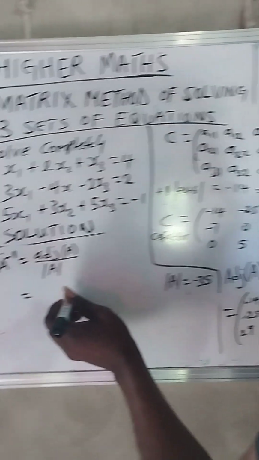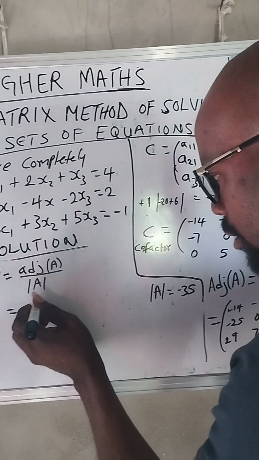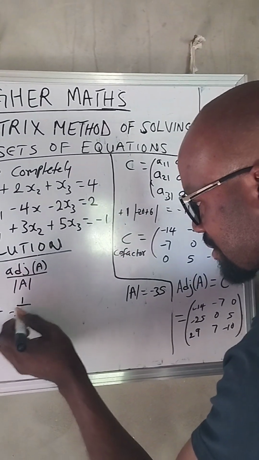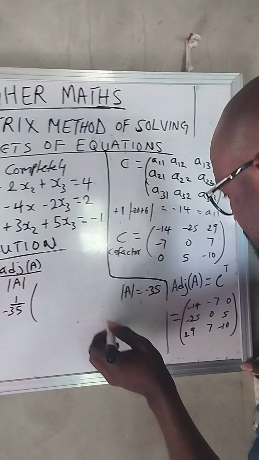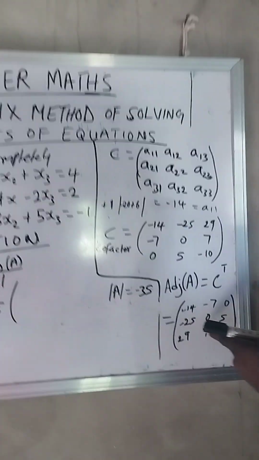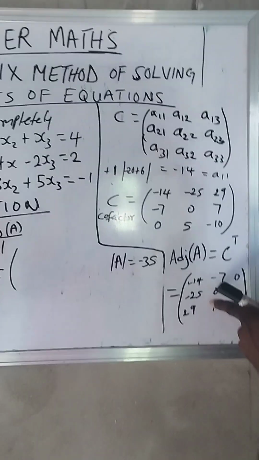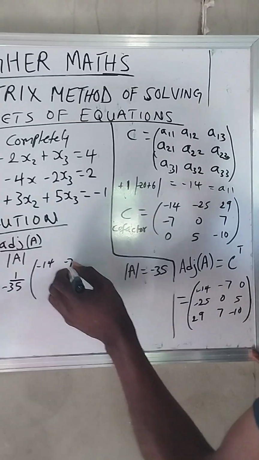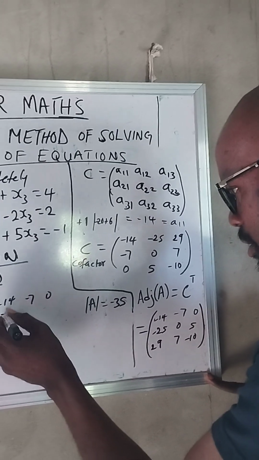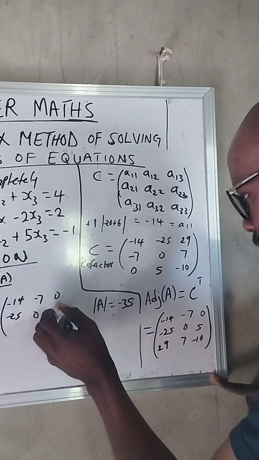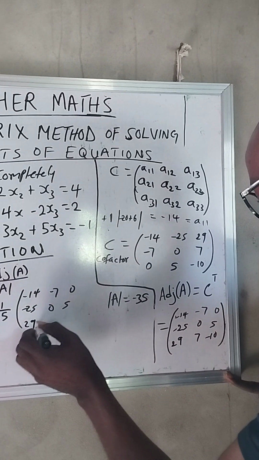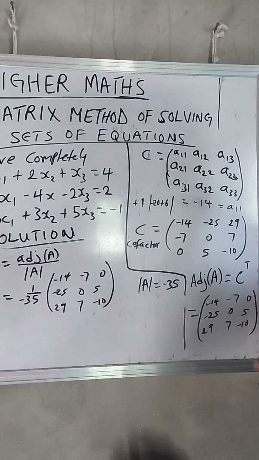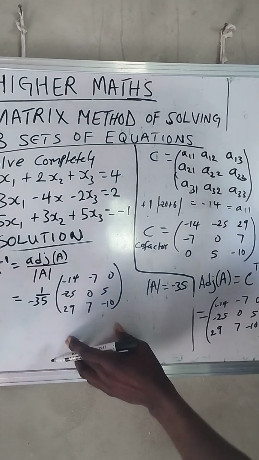We are going to have 1 over minus 35, bracket, the adjunct, which is minus 14, minus 7, 0, minus 25, 0, 5, 29, 7, minus 10. So this is what we are going to have.